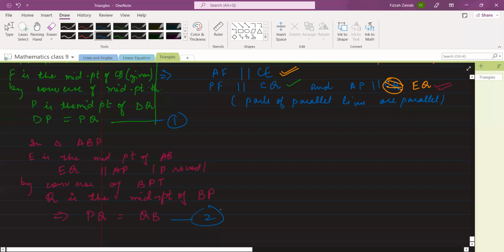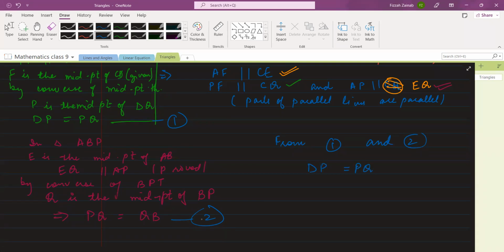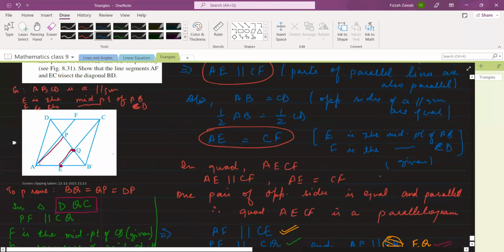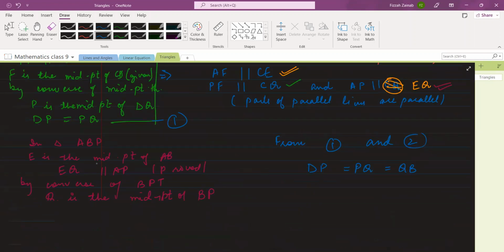Now you combine result 1 and 2. So how do you combine? First of all, write 1. So DP is equal to PQ, right? And from 2, your PQ is equal to QB. So you can write QB. Now look in the figure again. So DP is equal to PQ is equal to QB. So we have got the 3 parts equal.